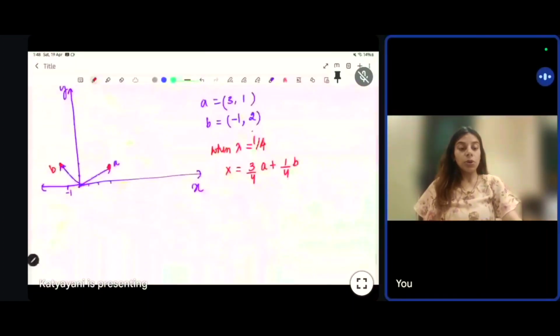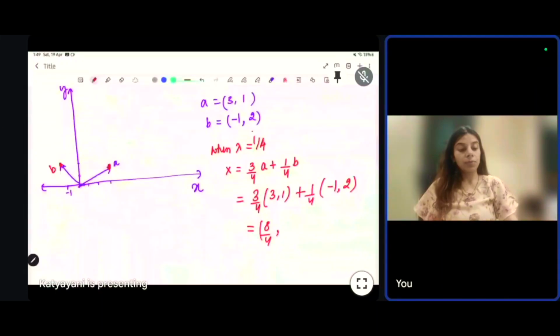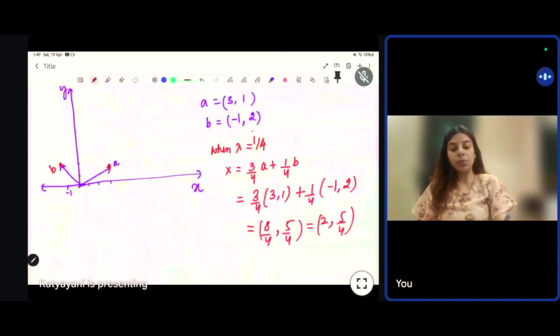So here it becomes 3 by 4 times 3, 1 plus 1 by 4 times -1, 2, which is nothing but 8 by 4, 5 by 4. So somewhat around 2, 5 by 4, right? So the point would be somewhat here.